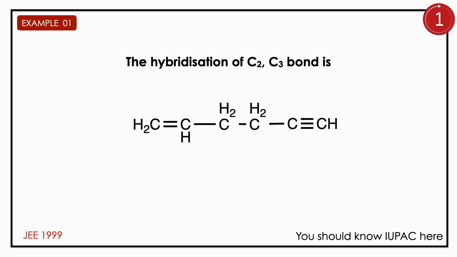Now the first question is the hybridization of C2 and C3. Here a long chain compound is given with 6 carbons, 1 alkene and 1 alkyne. You should know the hybridization of C2 and C3. Here you should know the IUPAC name, otherwise you cannot identify the hybridization.